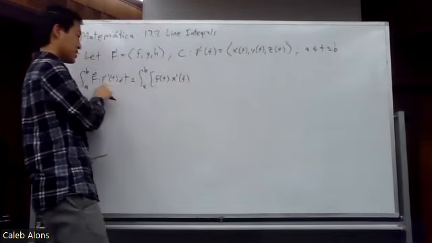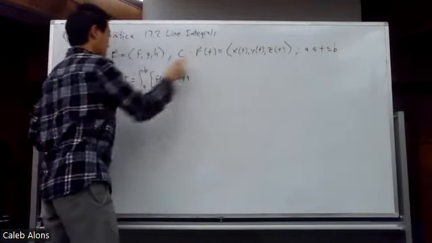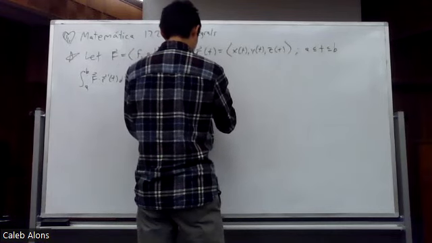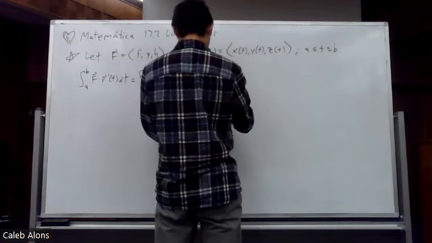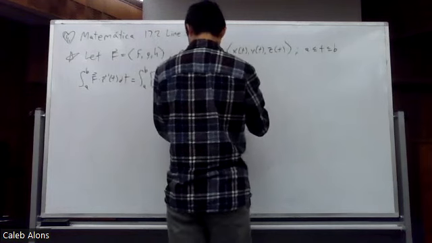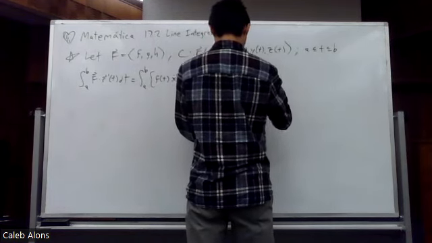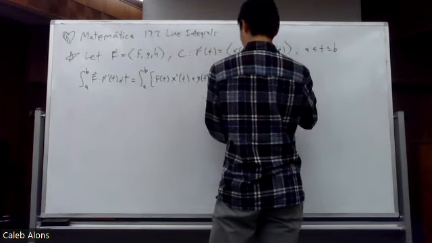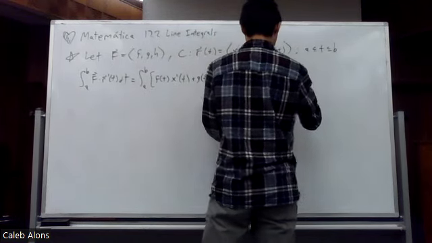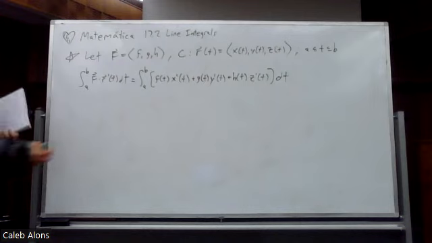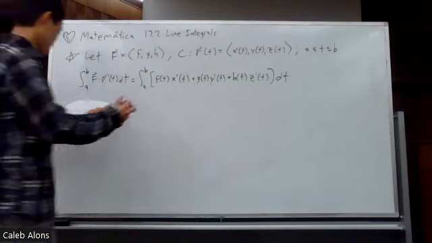Notice that's prime because this is r prime of t, so don't just plug in the x by itself, it needs to be differentiated. x prime of t plus g of t y prime of t plus h of t z prime of t. Compute all those given your data, then slam it into the integrand, make sure everything is in terms of the variable t, and then bada bing, bada boom. It becomes a Calc 1 problem.